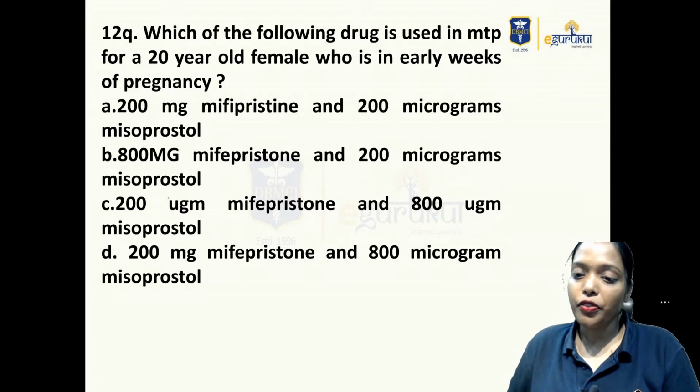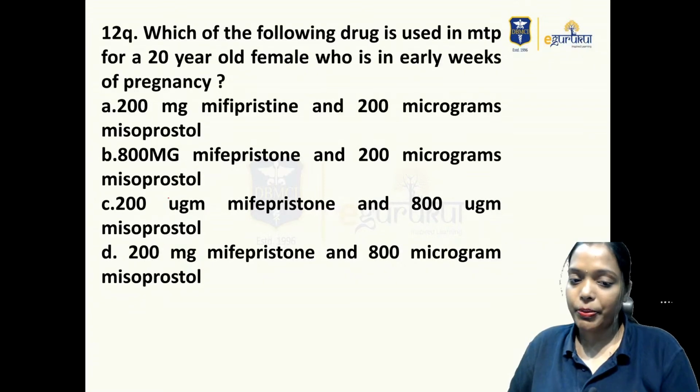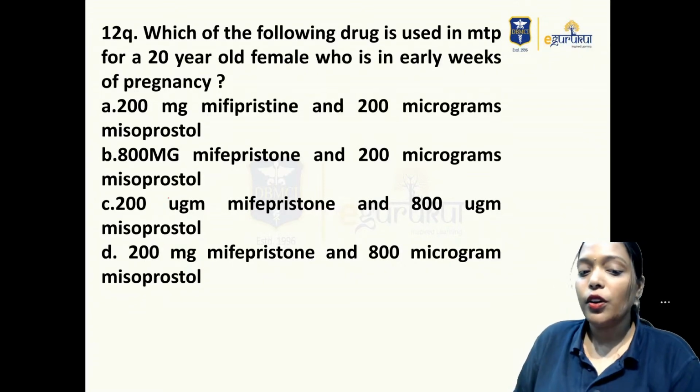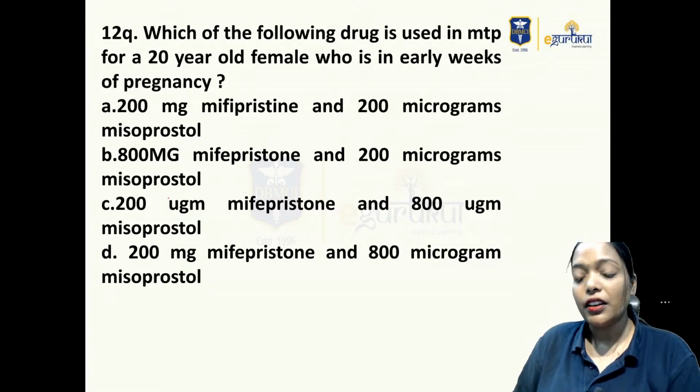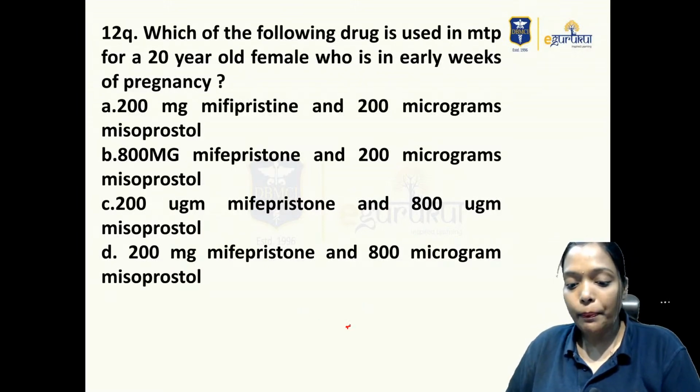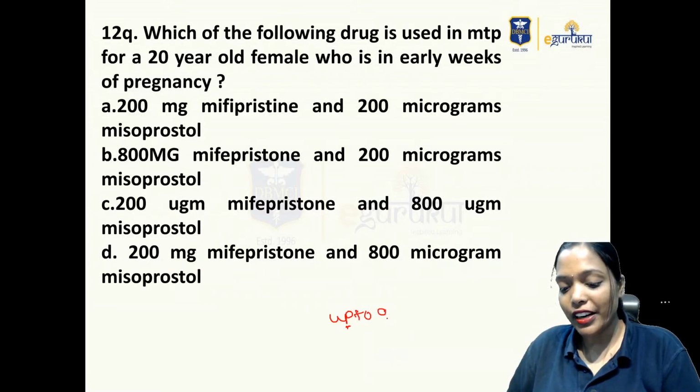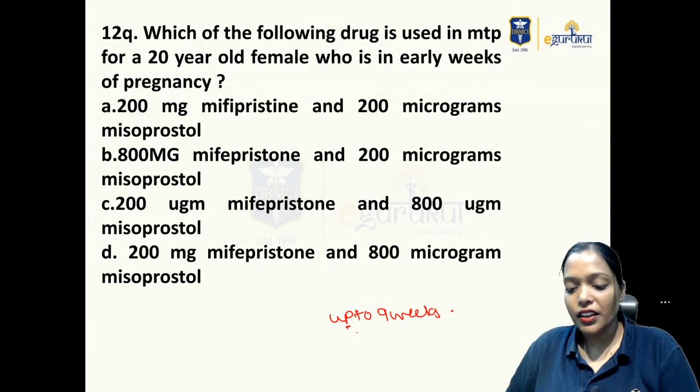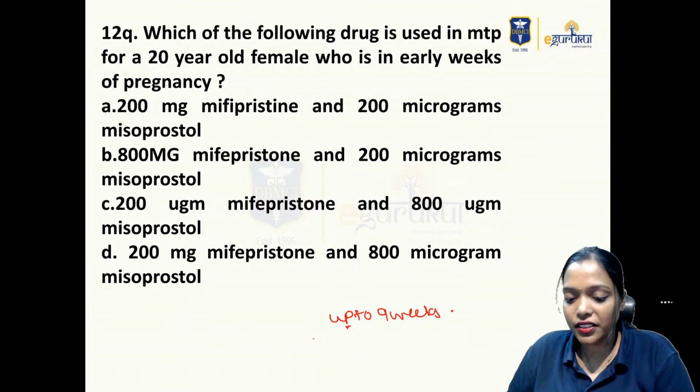Next, which of the following drugs is used in MTP for a 20-year-old female who is in the early weeks of pregnancy? So we all know that up to 9 weeks you have one regimen which is given with great success, almost 95% success rate.